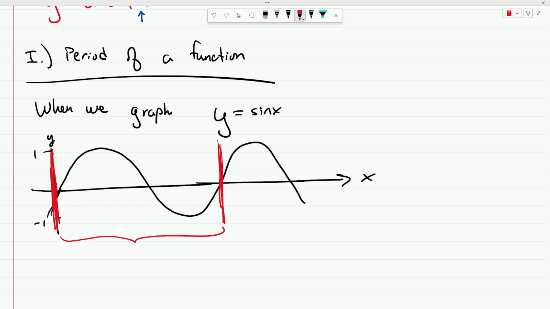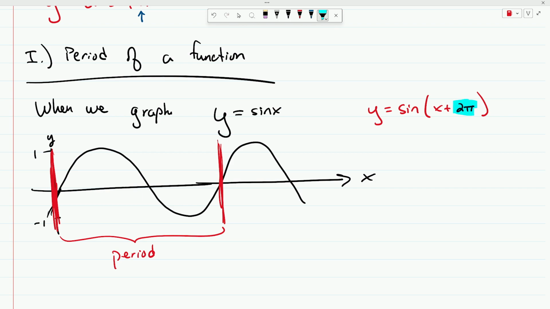This distance that the curve travels is called the period of the function. All right. So sine will end up repeating itself every 2 pi units, or every 2 pi periods.